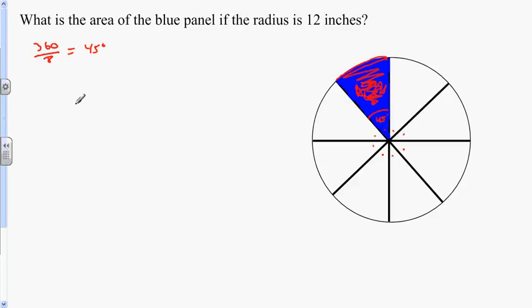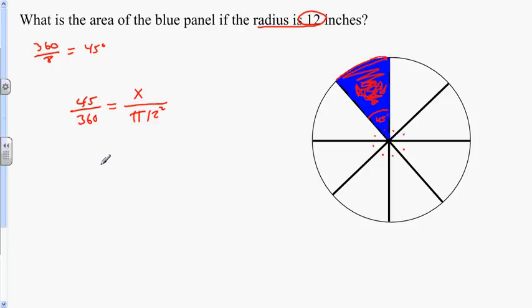So if you remember, the formula was the central angle over 360 equals the area of the sector divided by the area of the circle, which is pi r squared. Radius is 12. And that would be our area of the circle. So we would cross multiply these.